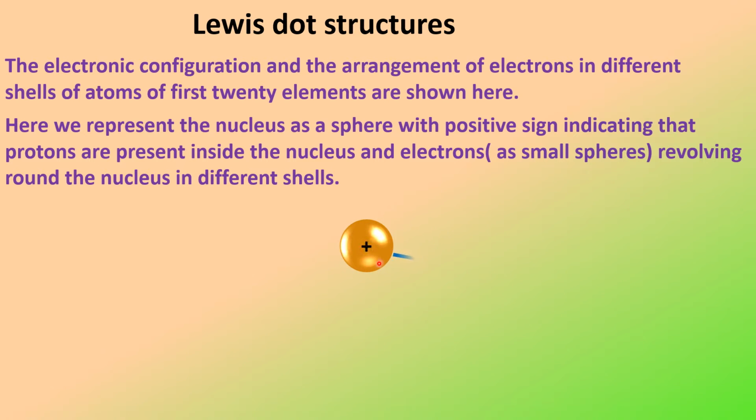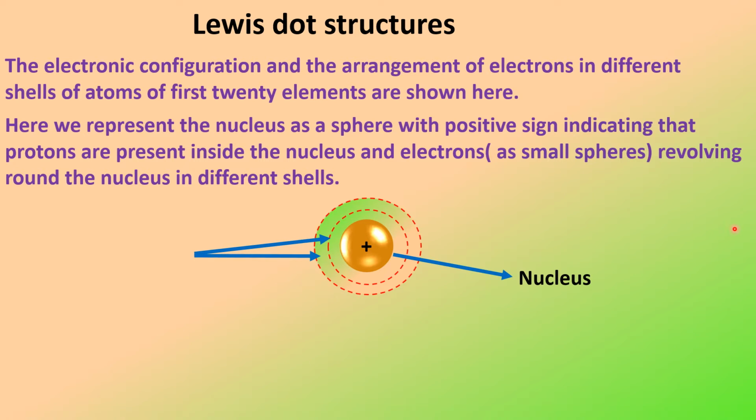See, this is the nucleus with a positive sign inside it, and these are the shells. 1, 2. Here I have taken 2 shells, and other shells will also be there. Electrons are revolving around the nucleus. In the first shell, 2 electrons are revolving, and in the second shell, 1 electron is revolving.